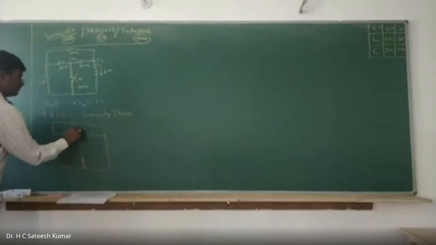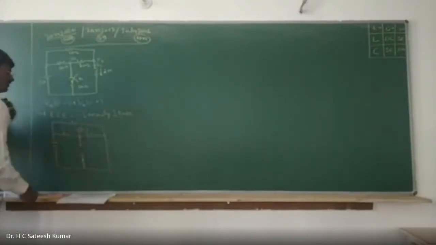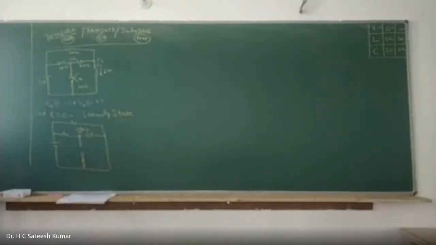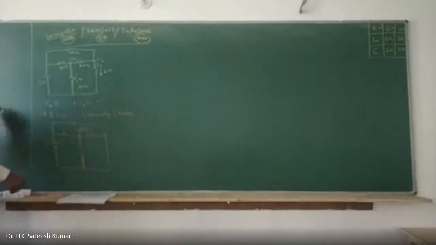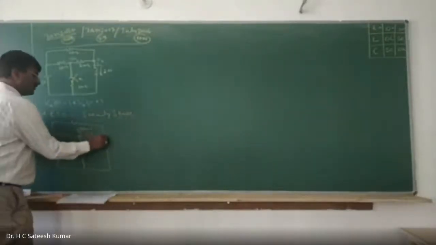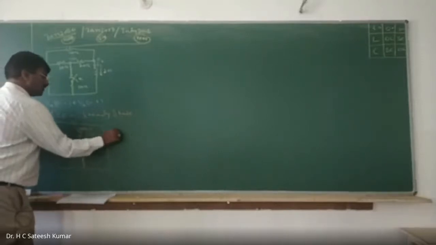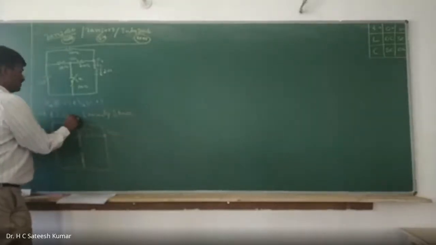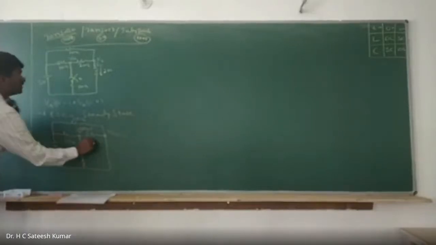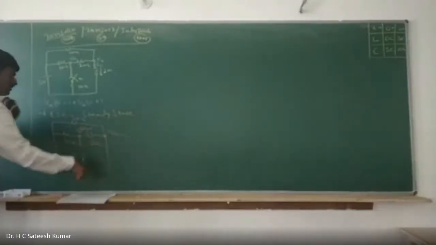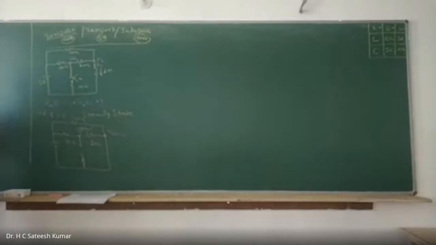Now this is VA before switching, that is VA at 0 minus. Before the switching operation, it has reached steady state, so VA at 0 minus we should calculate. And this is VB at 0 minus. And this resistance is 10 ohms, this is 10 ohms, and this is 20 ohms. This is short circuited. Okay, right?